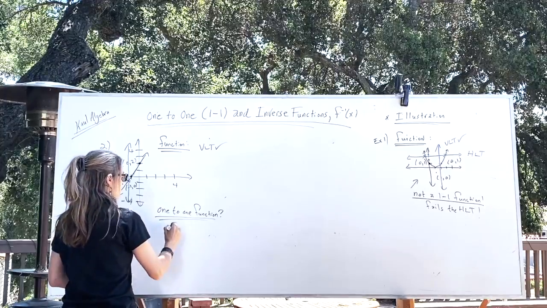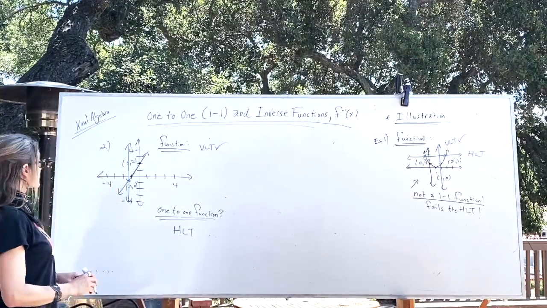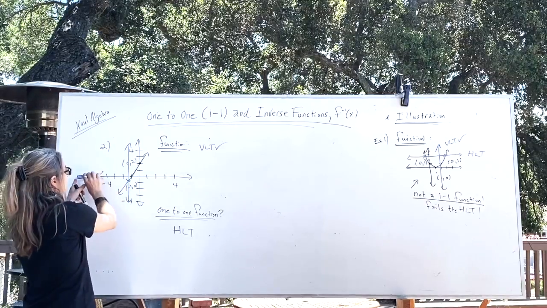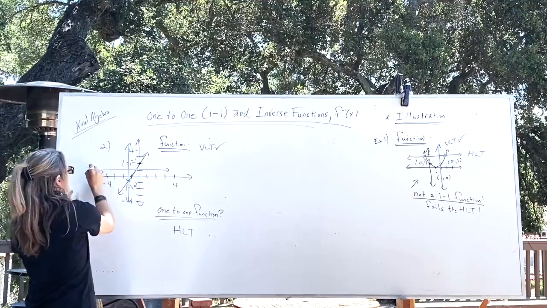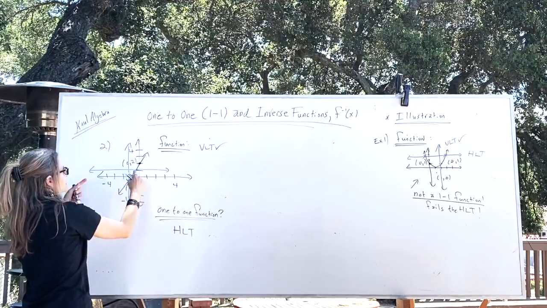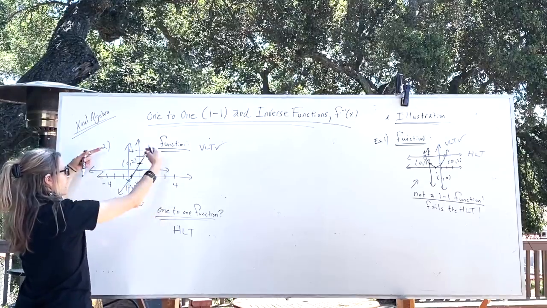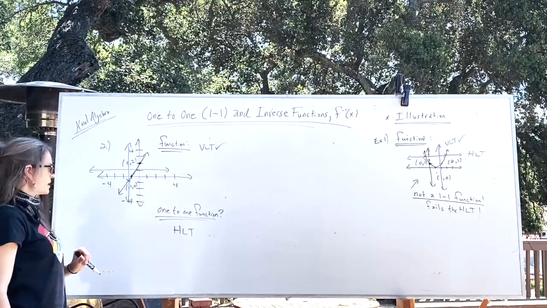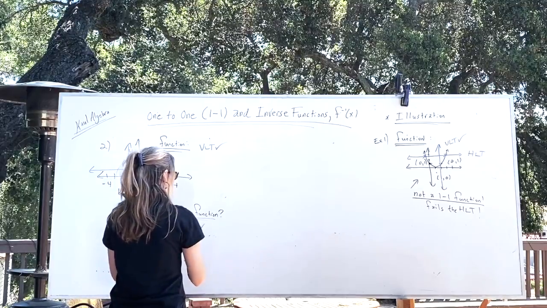Well, does it pass the horizontal line test? And it looks like it does. If we take any horizontal line and move it across, we'll see that it only crosses at one point. You move any horizontal line up or down, and you will only get one crossing point. So the answer is yes, it is.